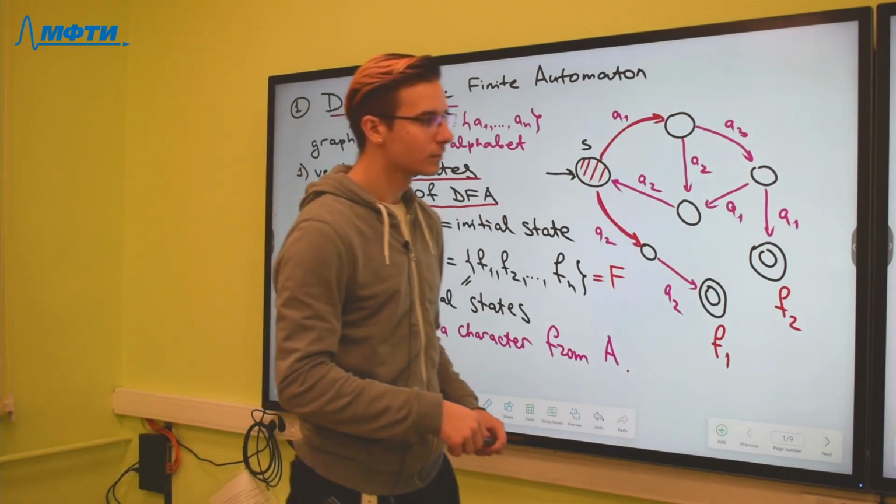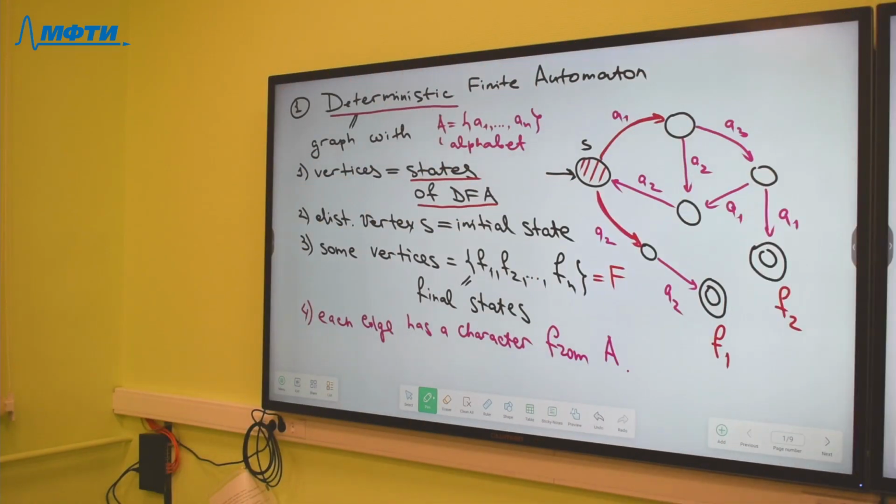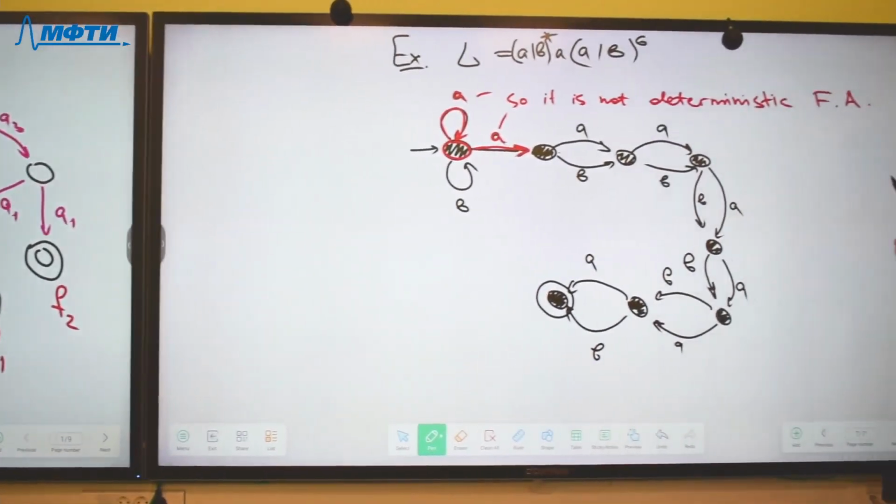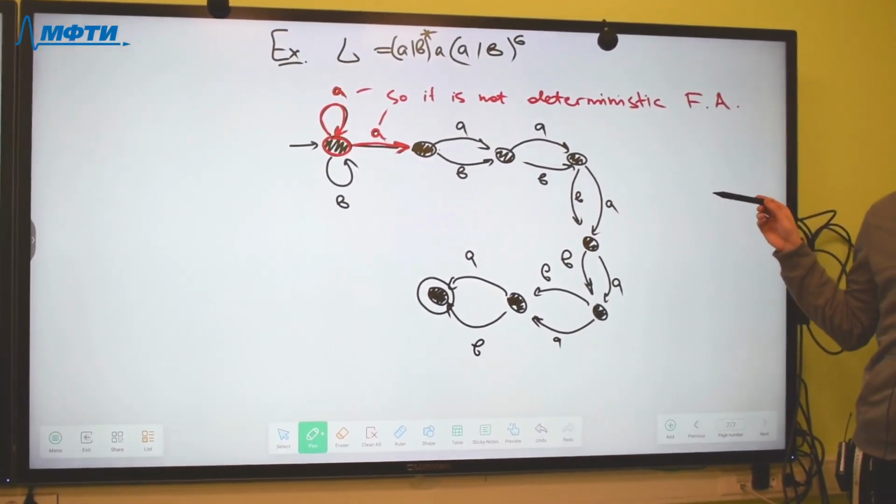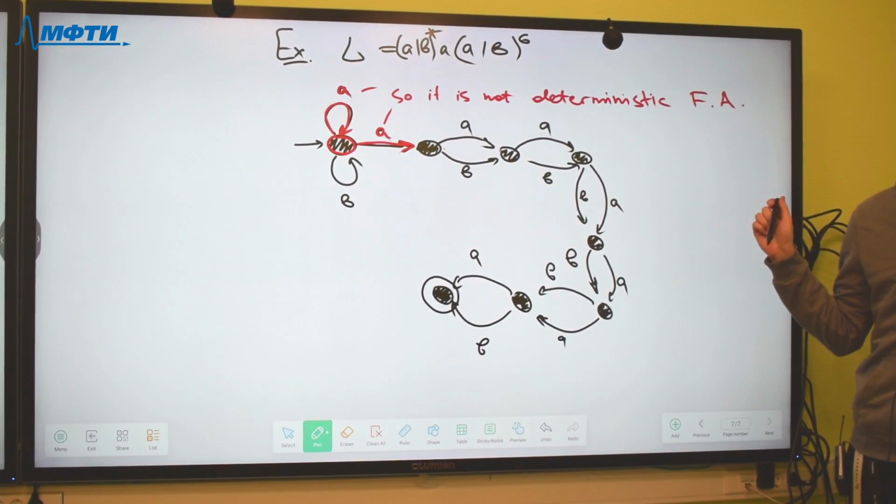And so, what is the number of states in this automaton?